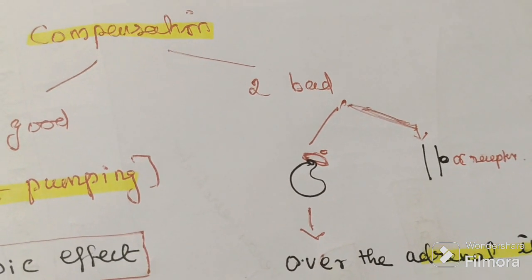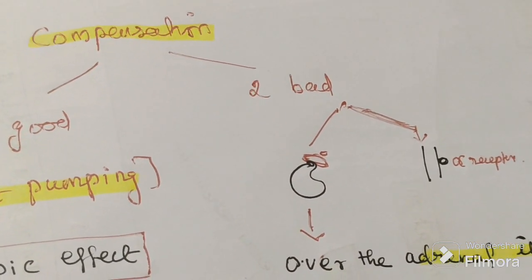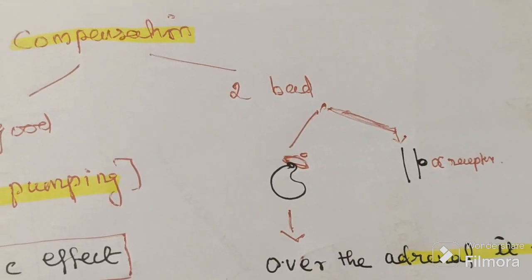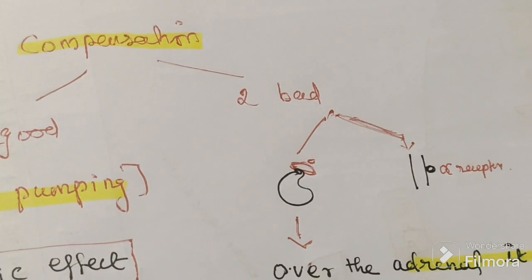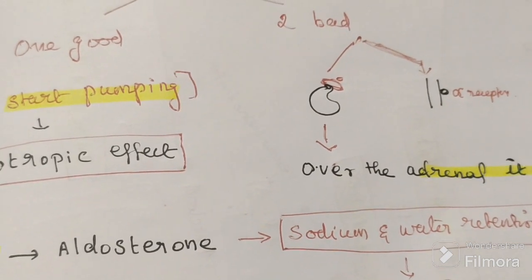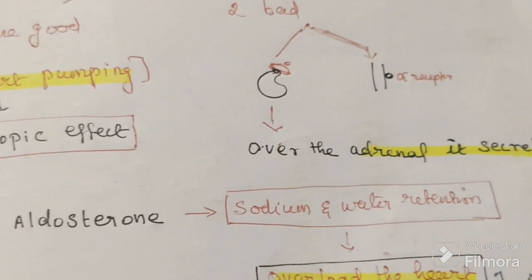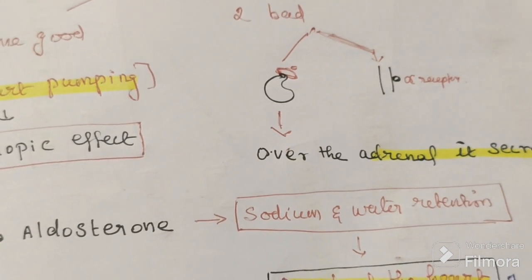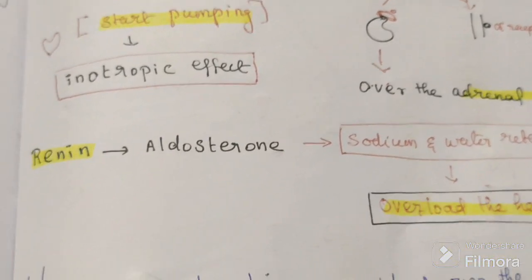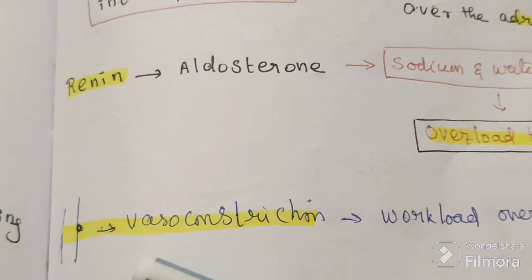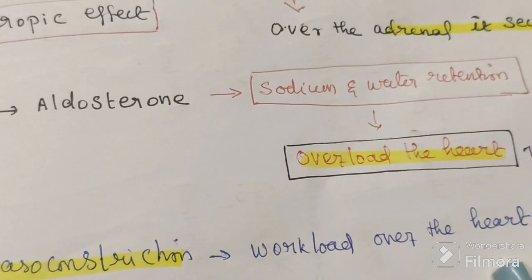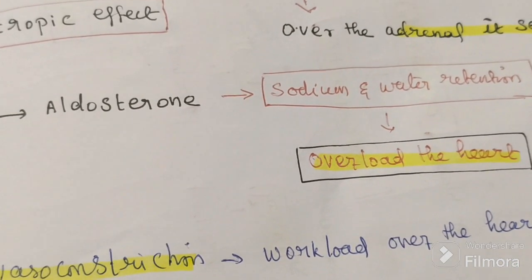But over the adrenal and the blood vessels it is doing harmful effects. Same noradrenaline, it secretes renin, so renin leads to aldosterone, which causes sodium and water retention. Sodium and water retention means an increased overload on the heart. It also causes vasoconstriction, which again increases the overload on the heart.